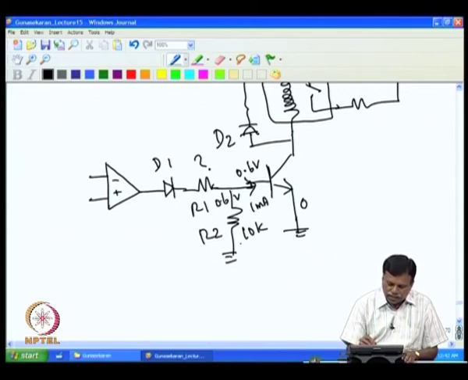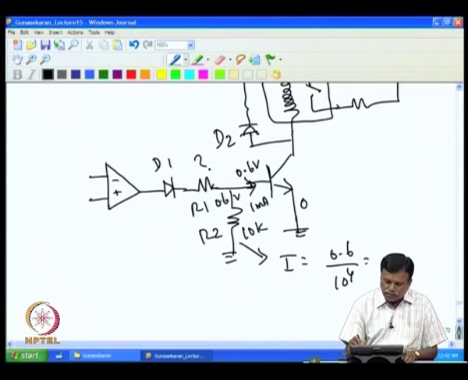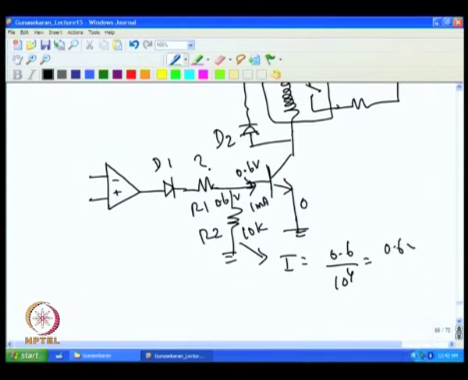So, the current here would be 0.6 divided by 10 power 4, that will be 0.6 into 10 power minus 4, that will be equal to 6 into 10 power minus 5 amps, that will be equal to 60 microamps, or in milliamperes that comes to 0.06 milliamps. That is the current that is flowing when it is on.